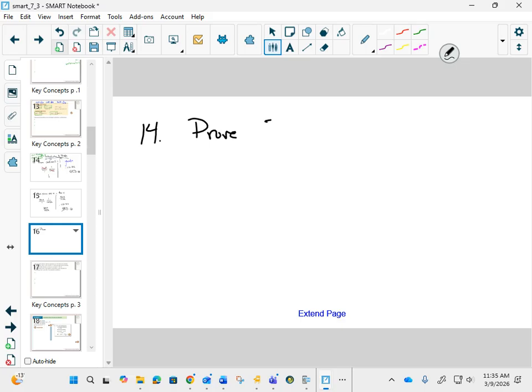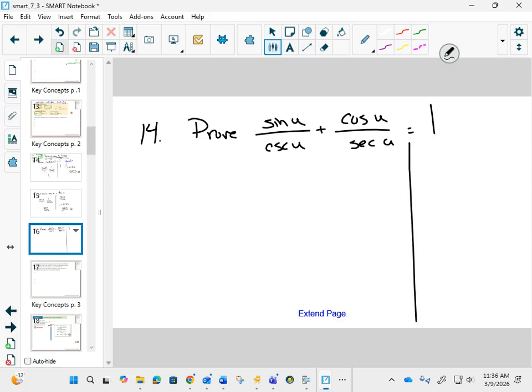So I'll start with the original question. Prove sine u over cosecant u plus, and there was a typo here, cos u over secant u equals 1. Draw the line.